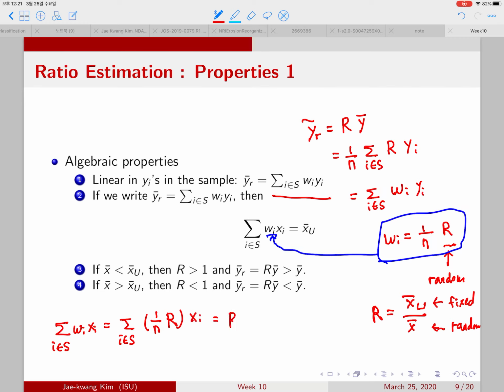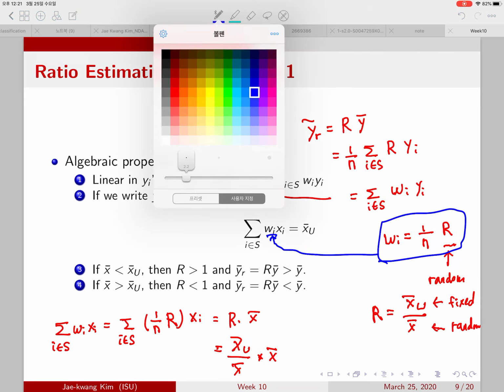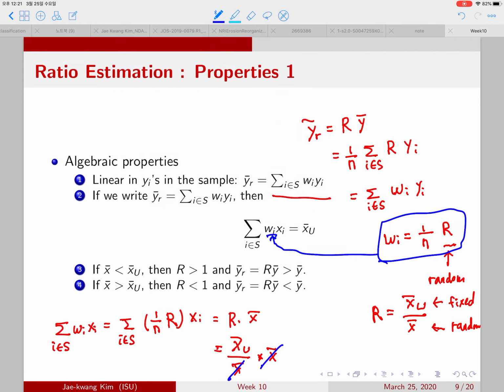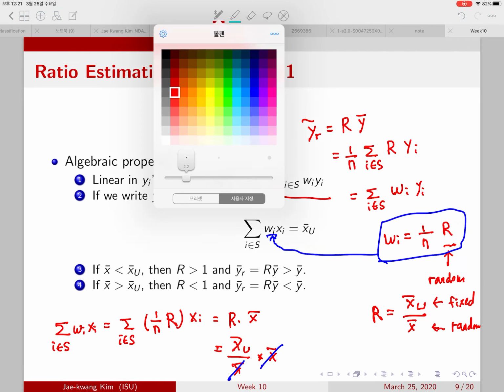So that is R times x bar. And R is actually x bar u divided by x bar, so times x bar, it cancels each other. So you end up getting x bar u.